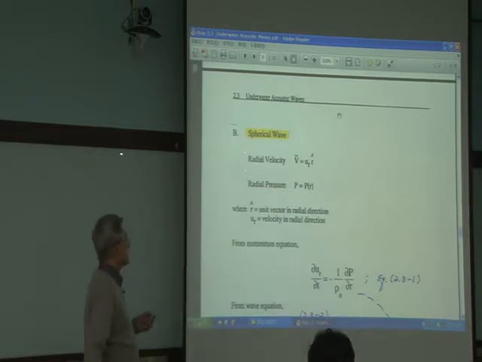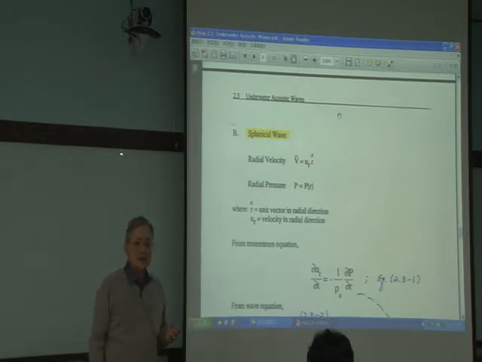So I can say for a spherical wave, V is equal to U_r times r hat. r hat is the unit vector in the radial direction, like i hat, j hat, k hat.